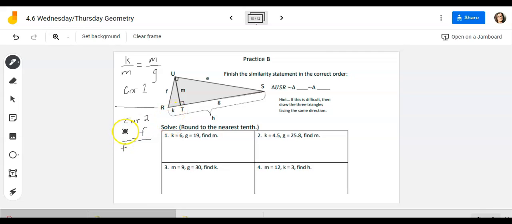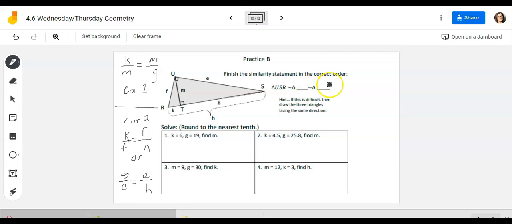The closest segment goes in one place, the whole hypotenuse, which would be H. So if you know K and G, you could add them together to get H. So this is one possibility, or the other possibility would be looking for E. So if I put E in the 2 spots, it's the closest segment on the hypotenuse and the whole hypotenuse. Now, sometimes you have to find things that they don't ask for in order to be able to plug into your formula.